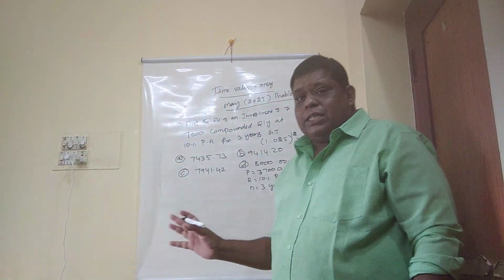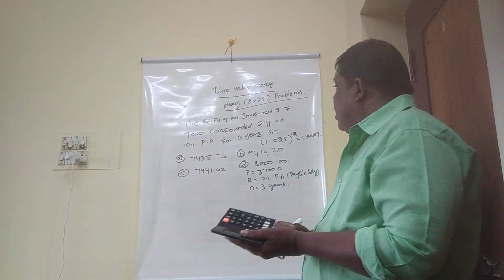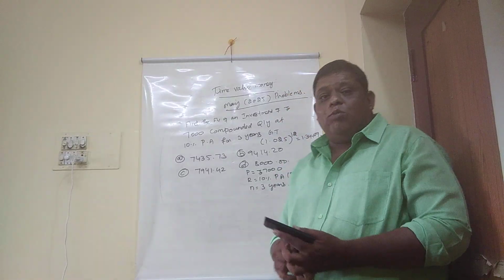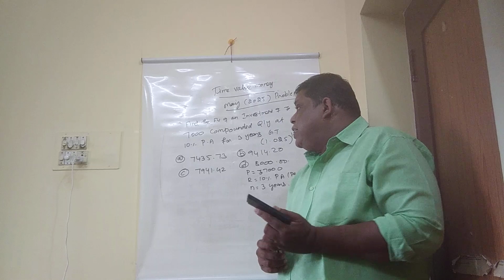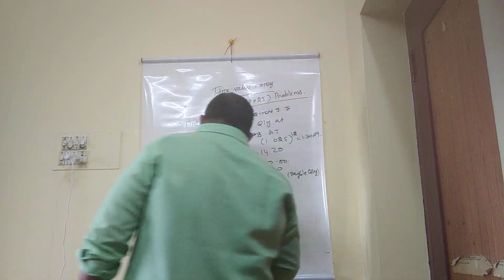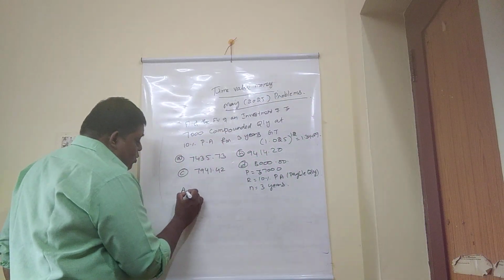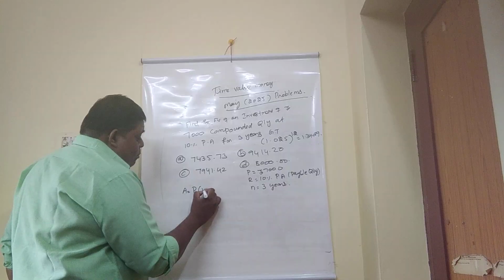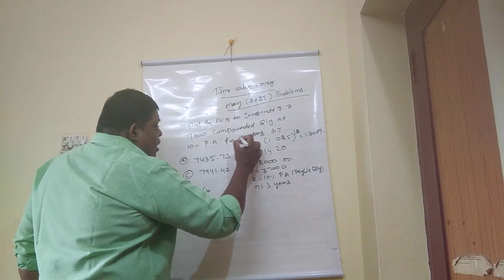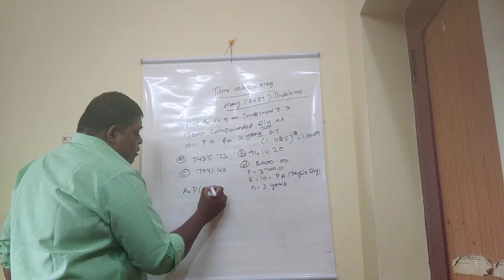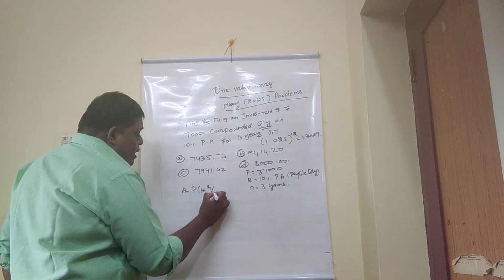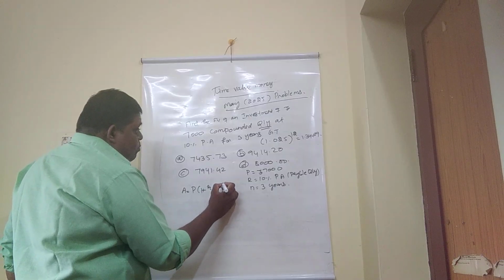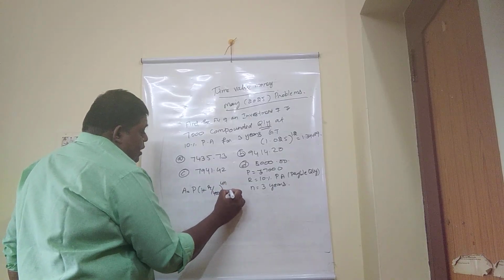In compound interest, to find the future value, the amount is calculated by the formula: amount is equal to P into (1 plus R divided by 400) whole to the power 4n.